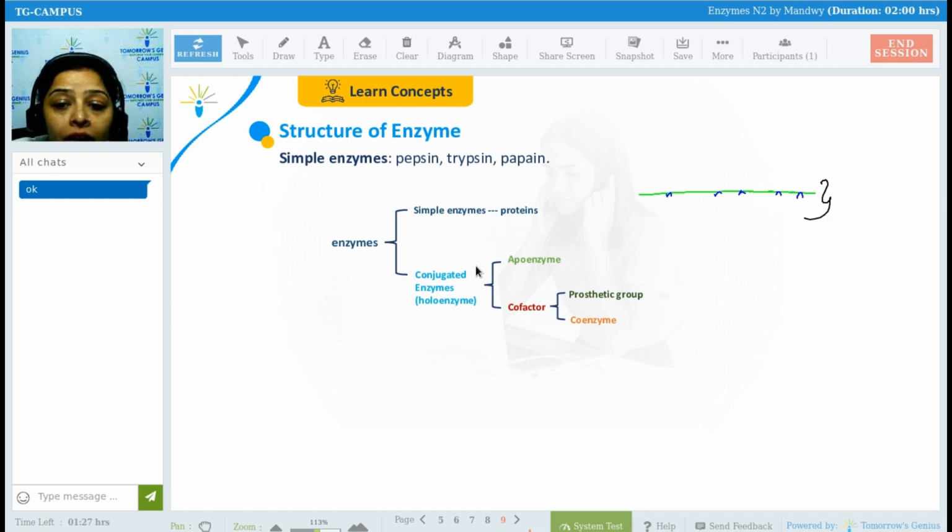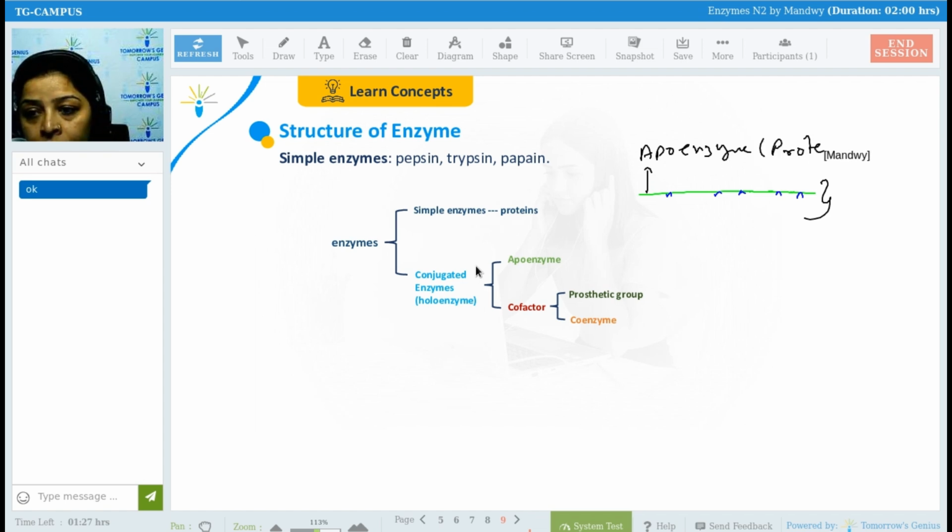In this holoenzyme, the green part, or the protein part, is called the apoenzyme, which is the protein part of the conjugated enzyme. Whereas the non-protein part is the cofactor.